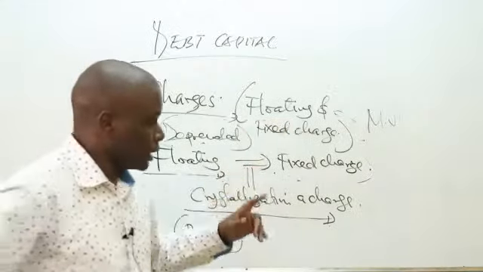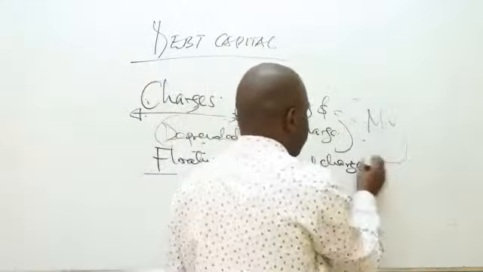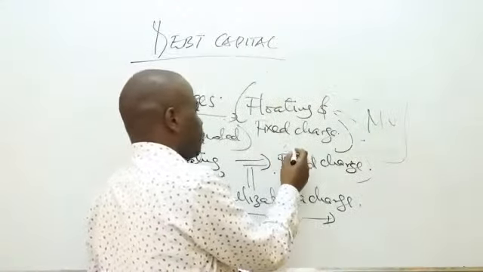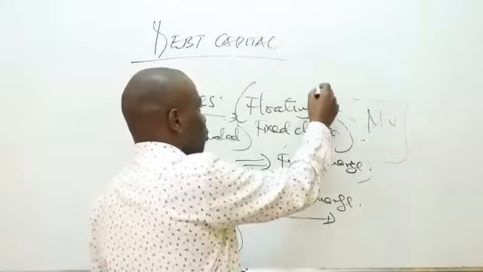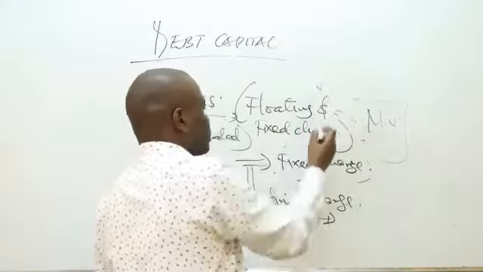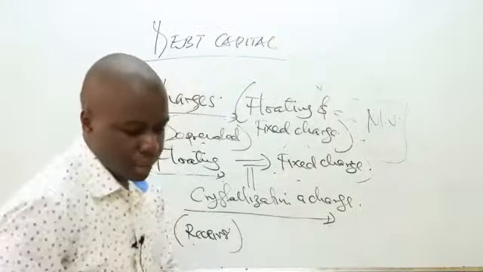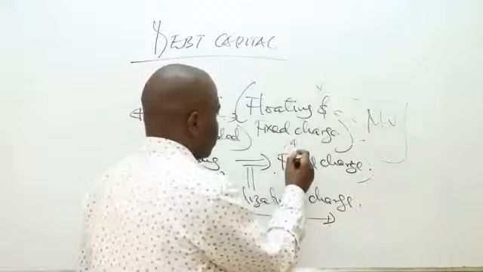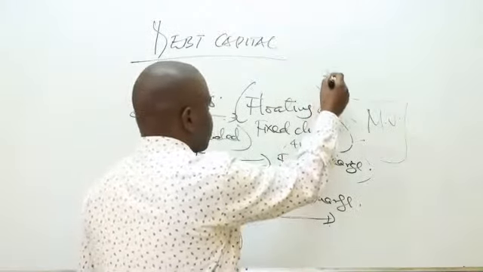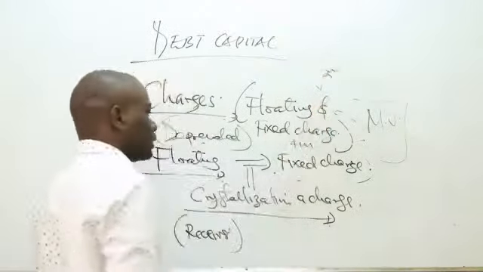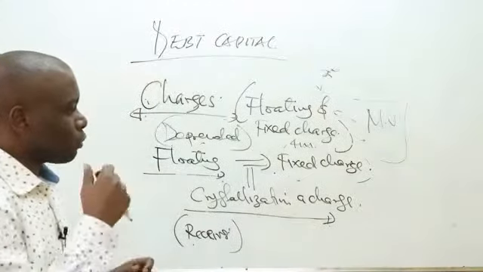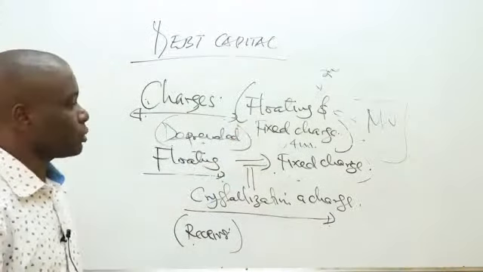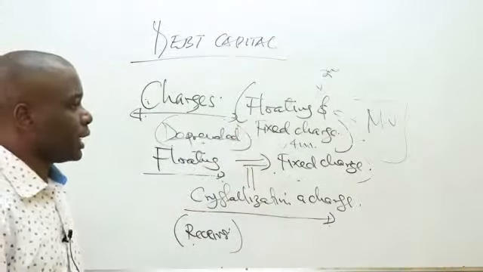For example, if the motor vehicle is sold and they realize 5 million, and this one owed 4 million, this one owed 2 million, the debenture holder under a fixed charge will be paid his 4 million first before they can pay the one under a floating charge. So all fixed charges will always rank in priority to floating charges. That is what you are supposed to note at this point.